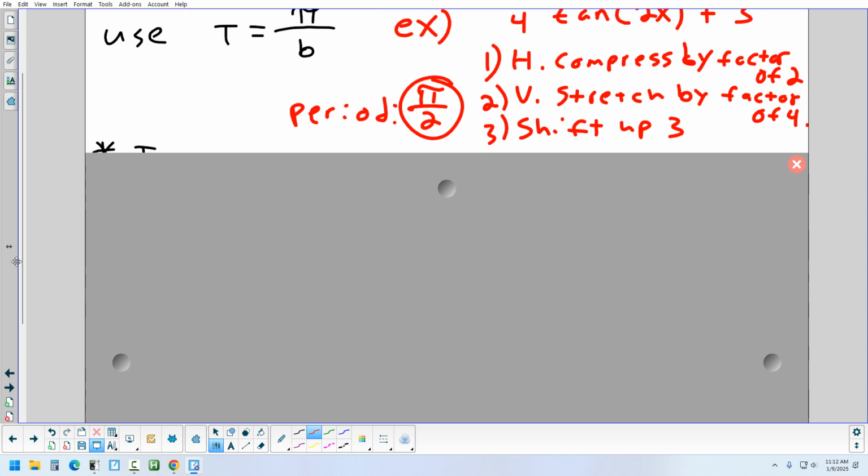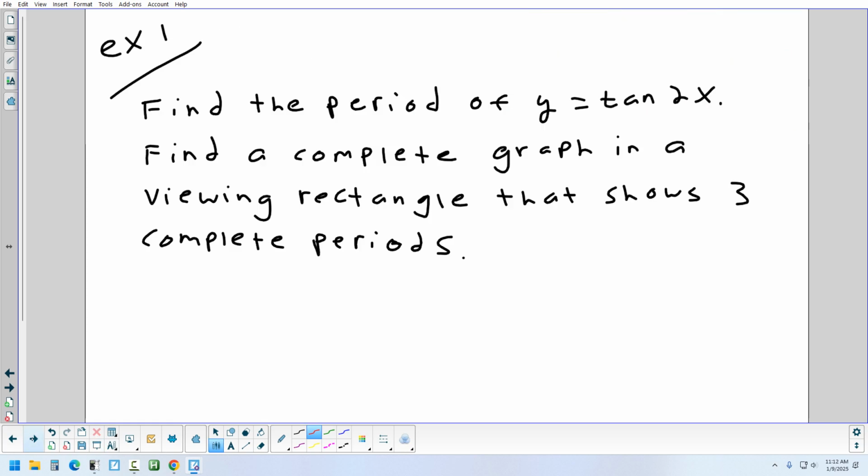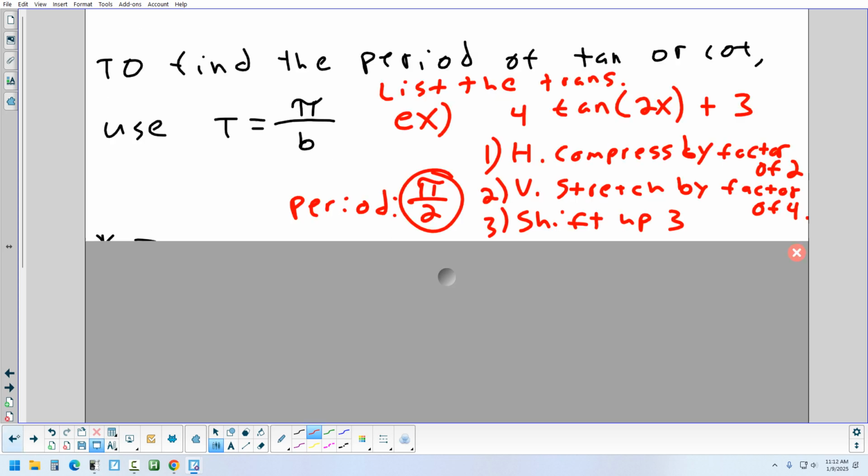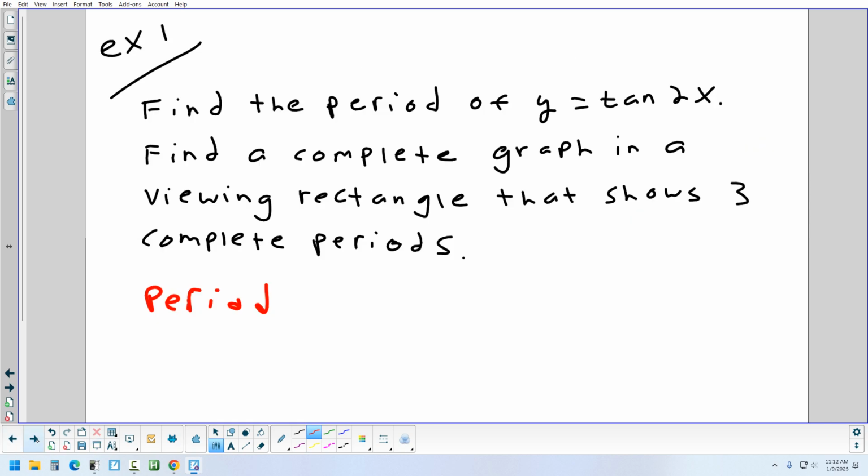All right, now, the next thing, I'm going to come back to that. Okay, I guess we'll do this real quick. We kind of already did that. So tan 2x is exactly the same as what I just had. So the period is pi over 2. But what they want you to do that's extra is set up a window on the calculator that shows exactly 3 cycles.